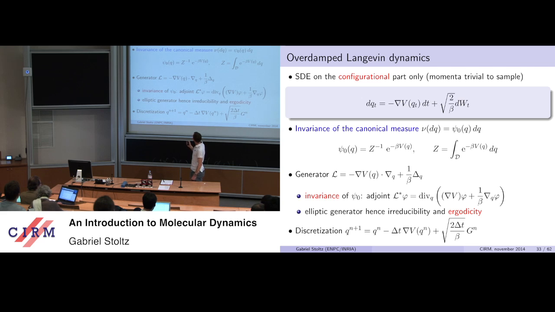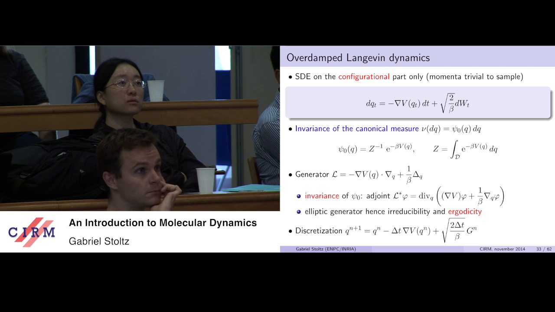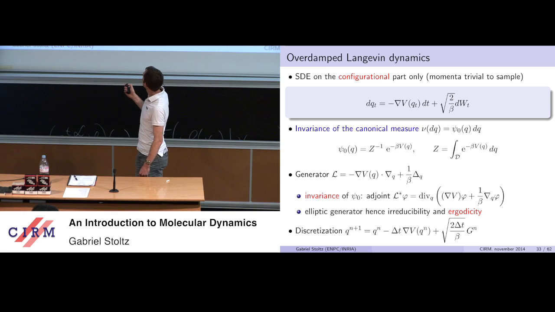So the first dynamics I want to consider is the overdamped Langevin dynamics. I start with this one because it's a limit of the Langevin dynamics, but a nice limit because the generator you obtain is elliptic. So the time evolution of position is driven by two terms, a minus gradient of the energy term, which allows you to decrease the energy of the system, and then there is a random fluctuating term which allows the energy to go up.